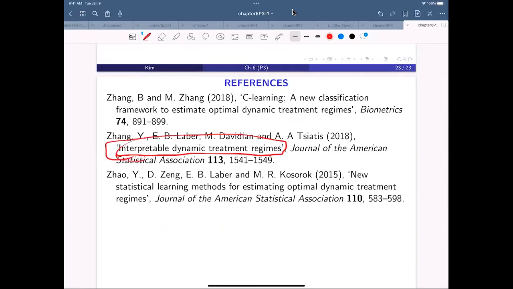Interpretable means the decision rule has some data and history and the parameter. So this is data, right? The history, and then this is unknown.